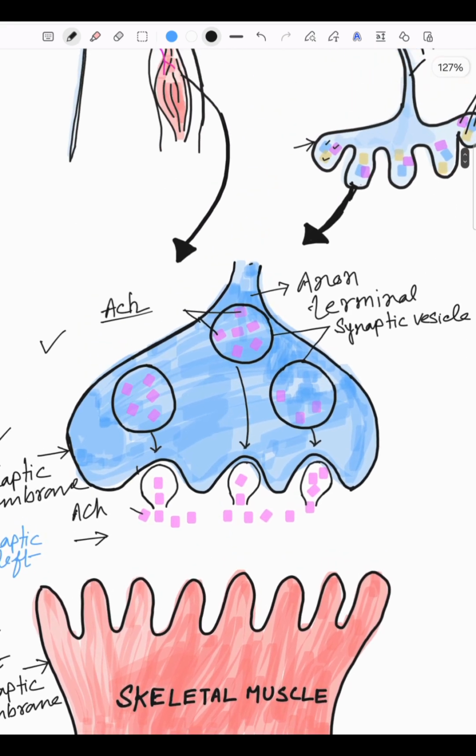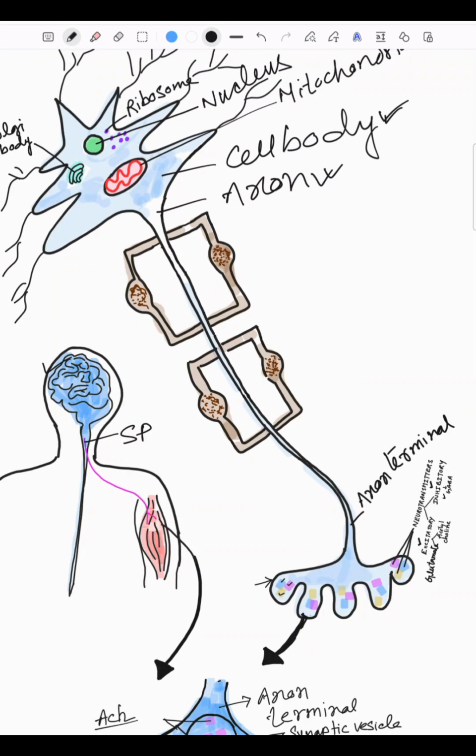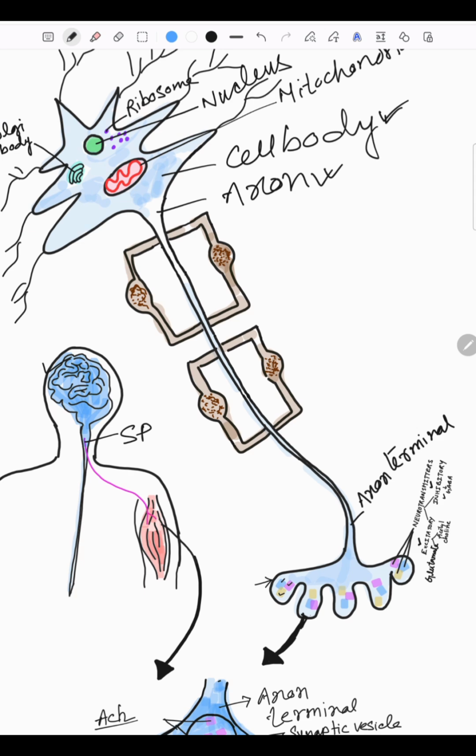What I mean is that when a motor neuron is stimulated, an action potential is generated.